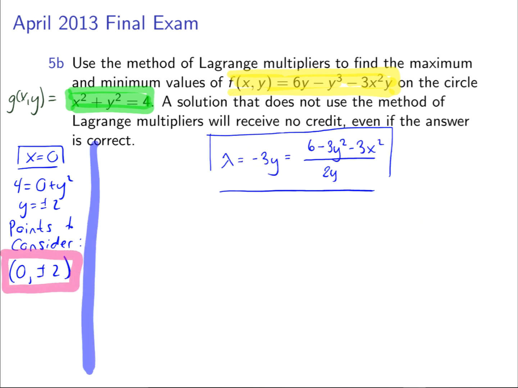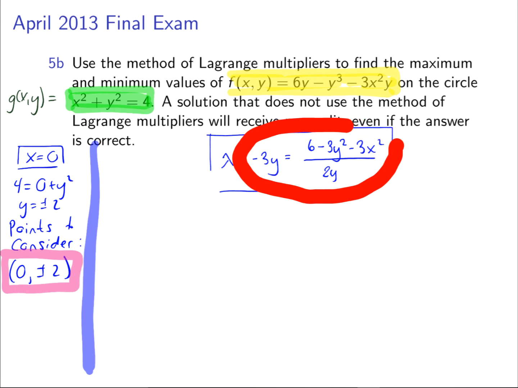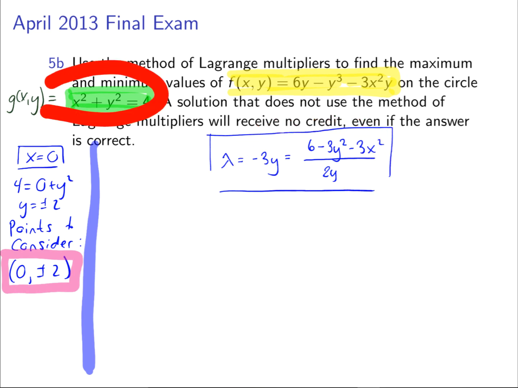Our final case to consider involves these two values of lambda. We need to find x's and y's that make these two expressions the same, because lambda has to be the same in equation 1 and equation 2. And they also have to satisfy the constraint. Since we're going to be plugging something into the constraint, it's nice to solve for x squared or for y squared.